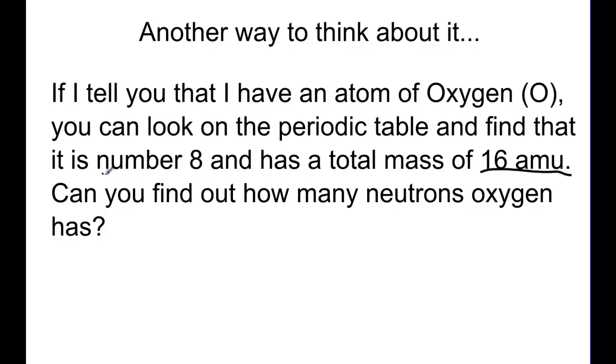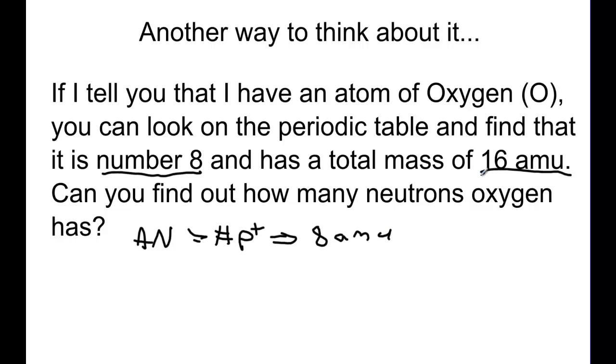We also know that it will have an atomic number of 8. Remember that atomic number equals the number of protons. So I'm going to put atomic number equals number of protons, P plus for proton. Now with knowing that I have 8 protons, we can convert that to a mass and say we have 8 AMU from our protons.